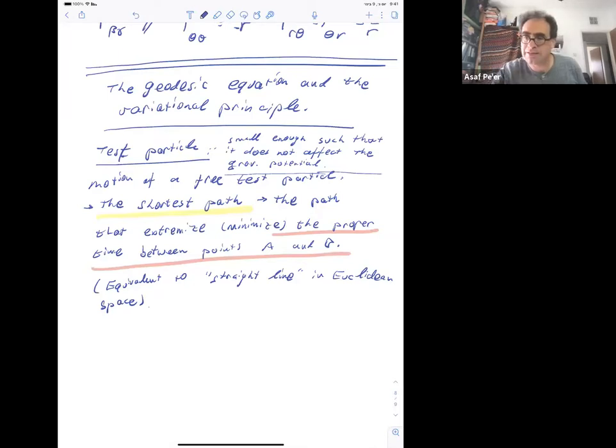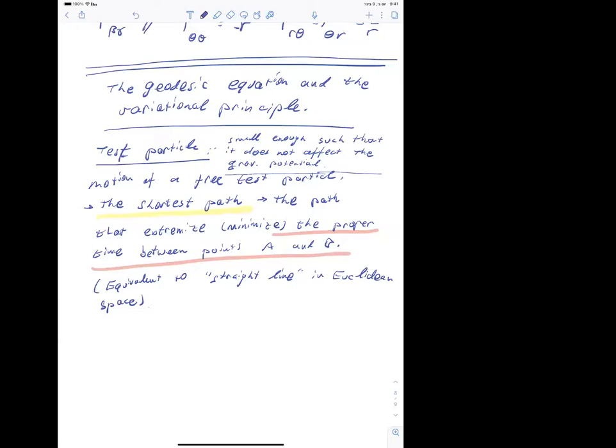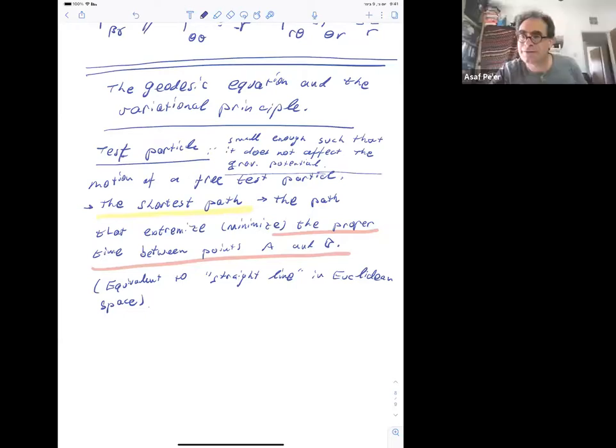Anybody want to guess? No? So hard. Wow. What? Tangent? No. I thought you would be familiar with it. It's called geodesics. Are you familiar with the concept?